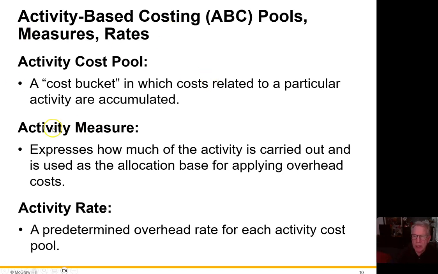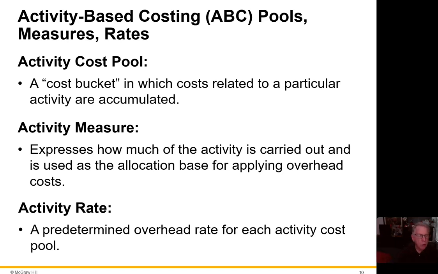Then as we accumulate those activities, we have an activity measurement, and that expresses how much of the activity is carried out and is used as the allocation base for applying overhead costs. We determine a predetermined overhead rate for each of these activity cost pools.